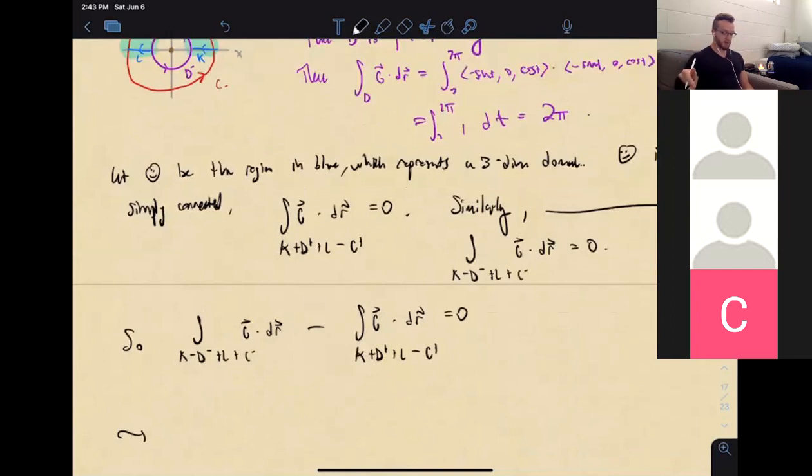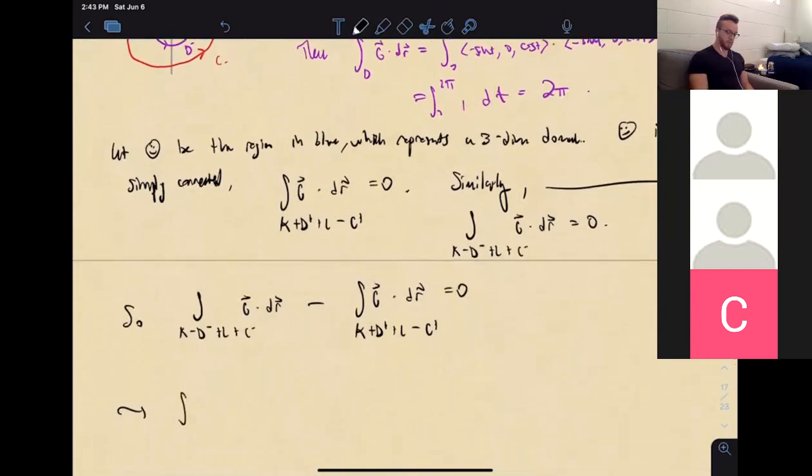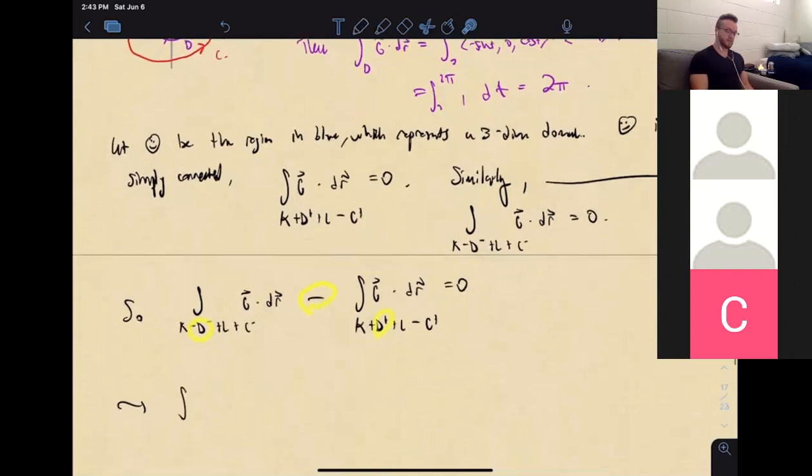L minus L goes away. We'll get the integral over negative D minus D plus, that's negative D. And then here we have C minus negative C plus, which is C.